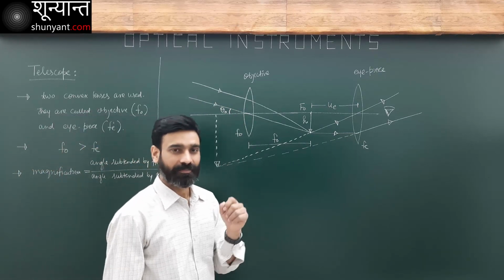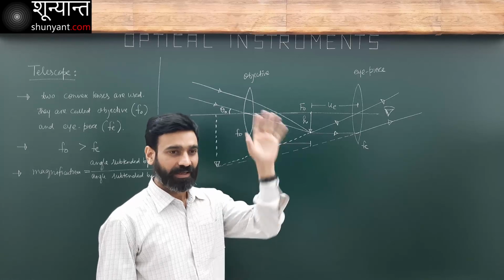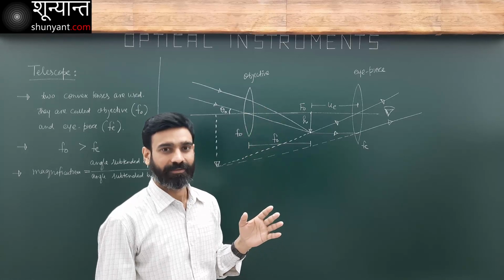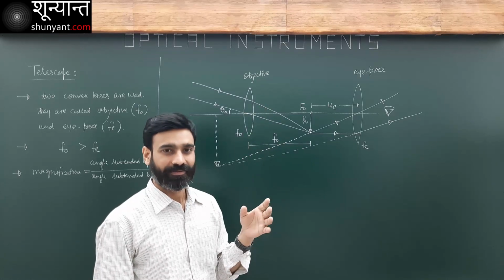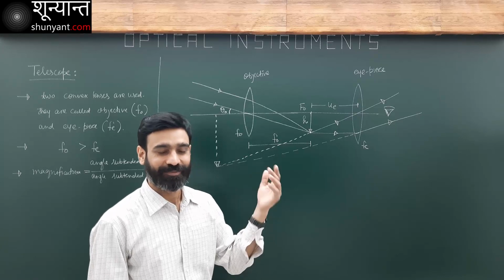Understand this: the moon is very far away, around 300,000 kilometers from here.